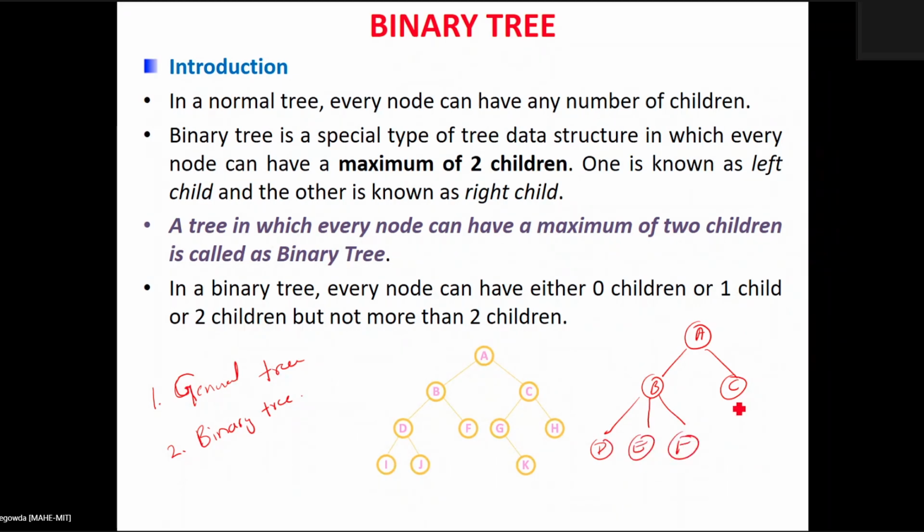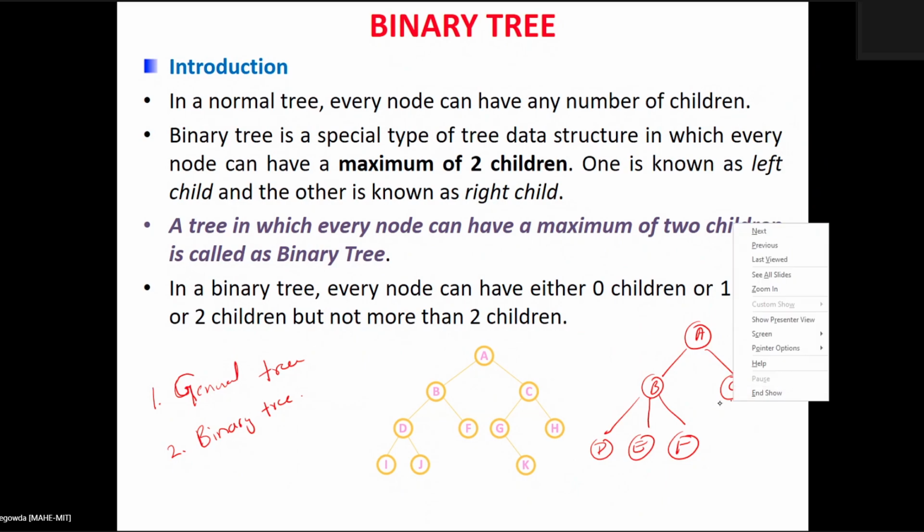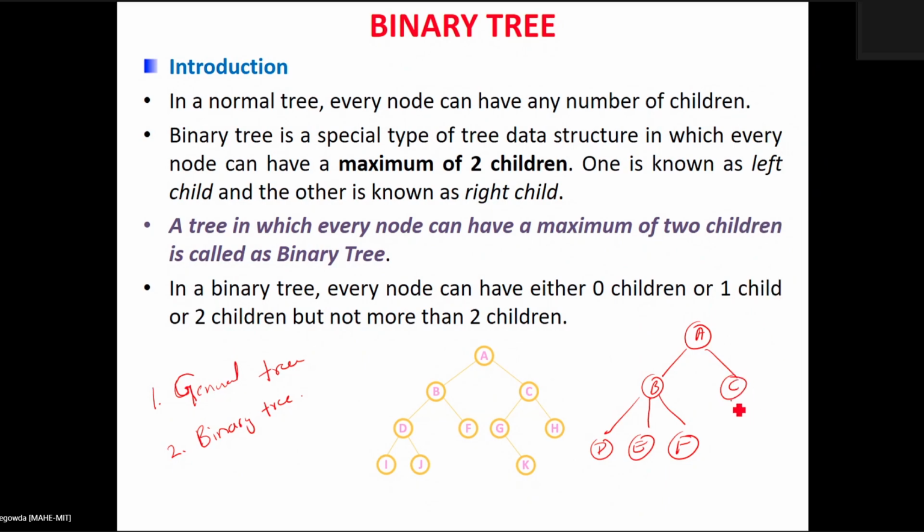And also if you look at C, C can have any number of children. Say for example, I have G here. Let us assume that G is having 4 children, that is nothing but I, J, K and L. Okay, so this is called a general tree.